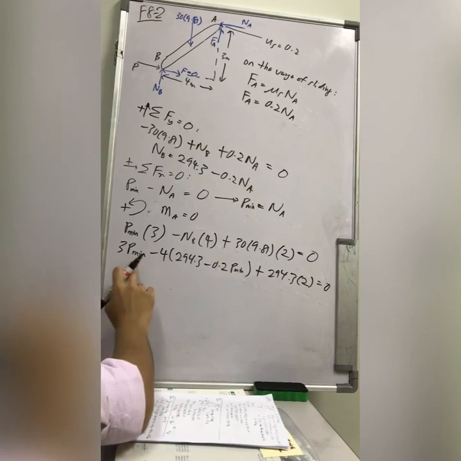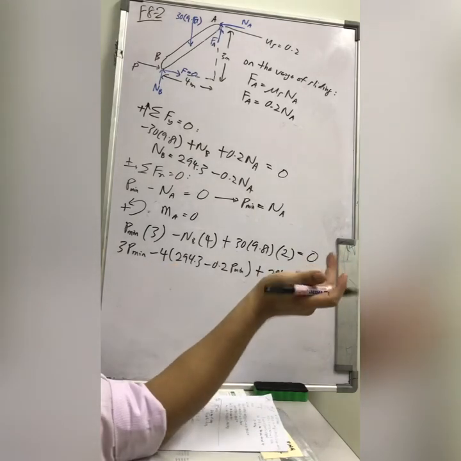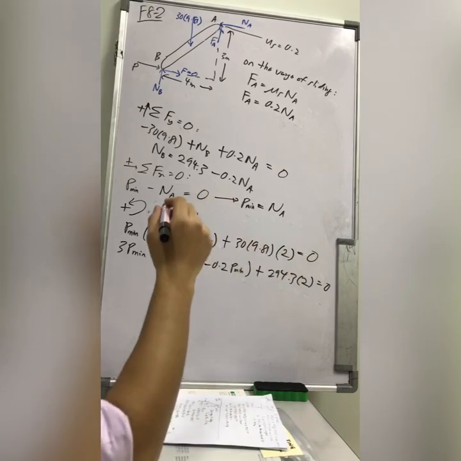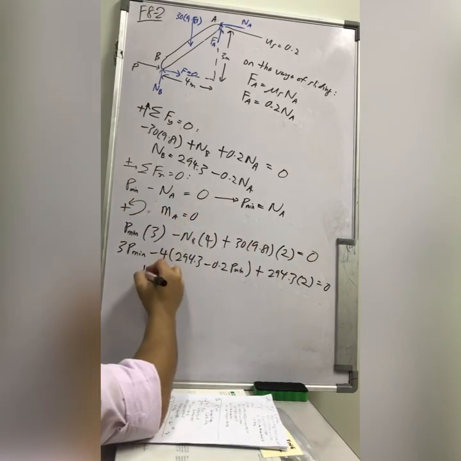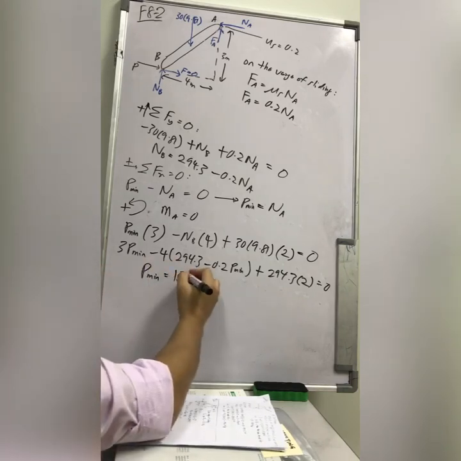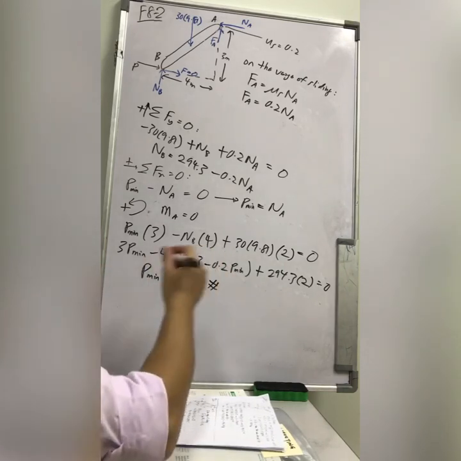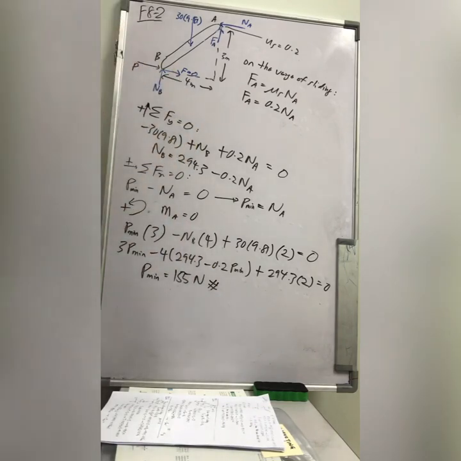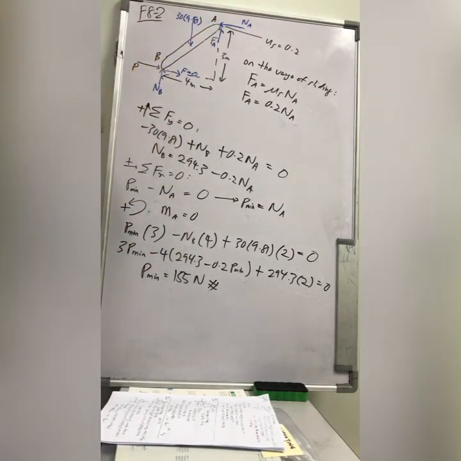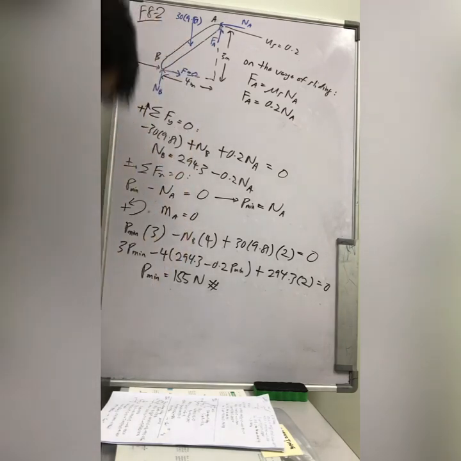Now you only have P min in the equation. You see the thinking process of this? So you solve this, you will get your P min as 155 Newton. So the minimum force to prevent this from sliding, from moving, is 155 Newton.